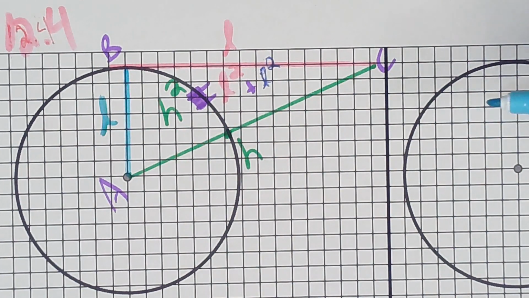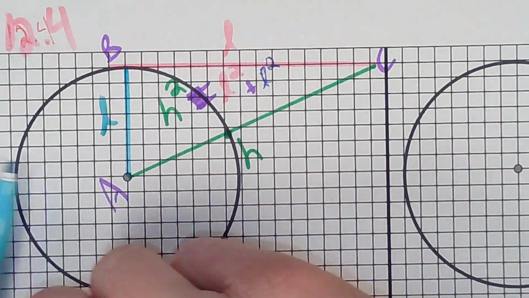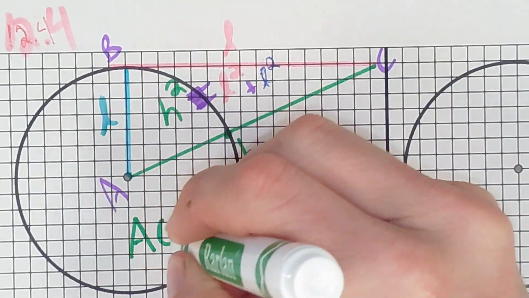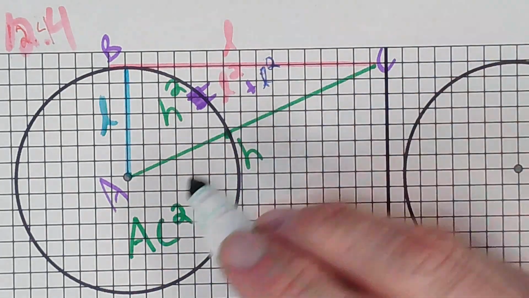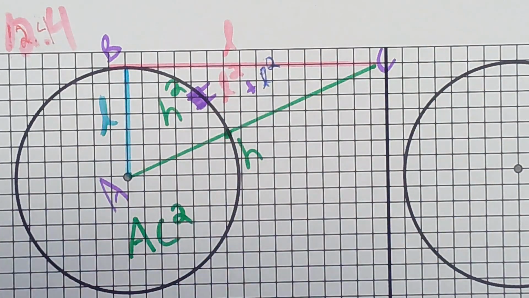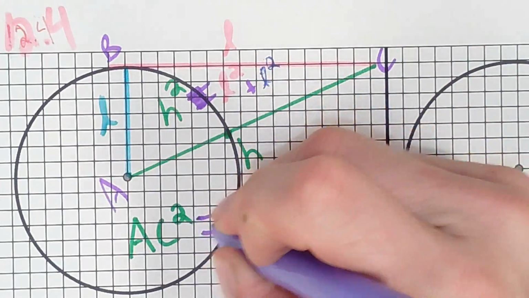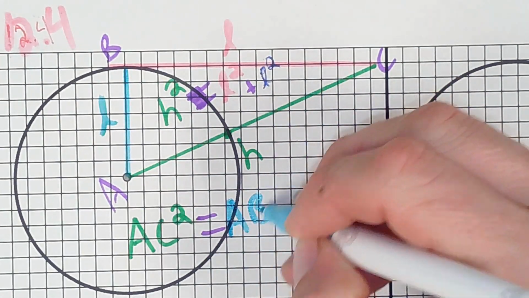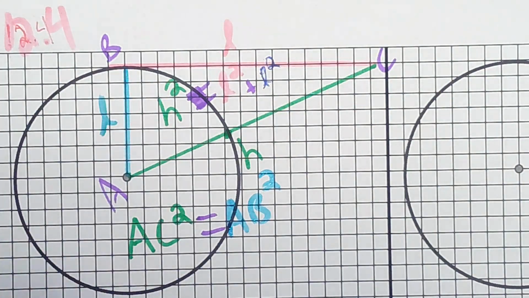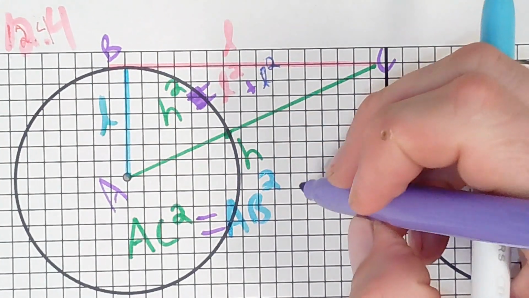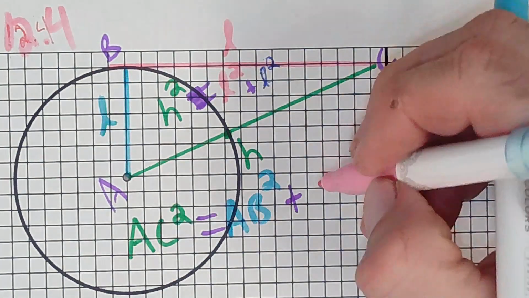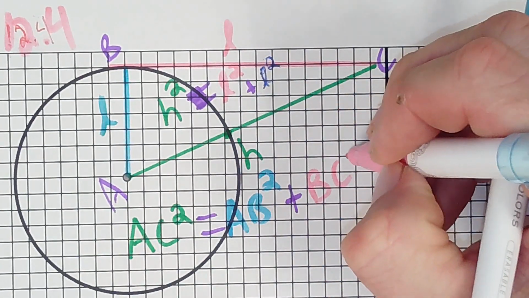In this scenario, we would set up our equation like this: AC squared, so the hypotenuse, equals AB squared plus BC squared.